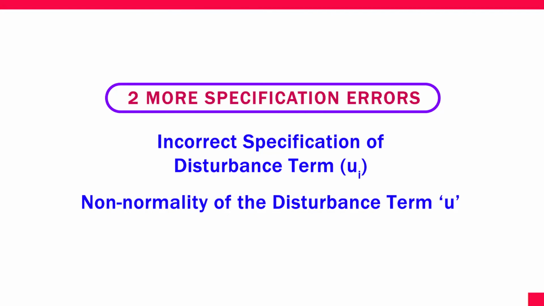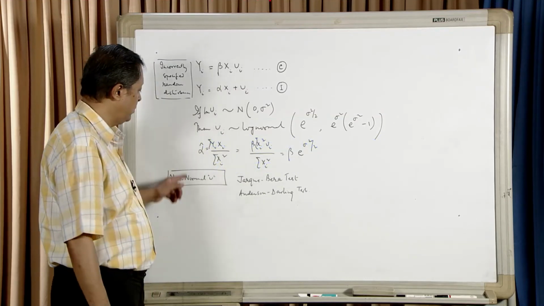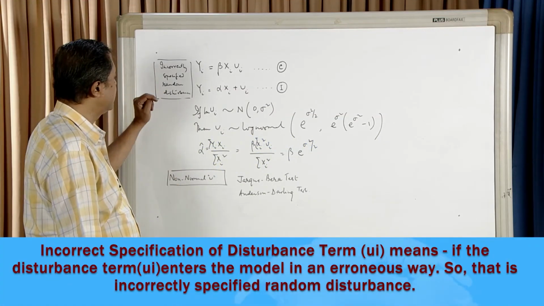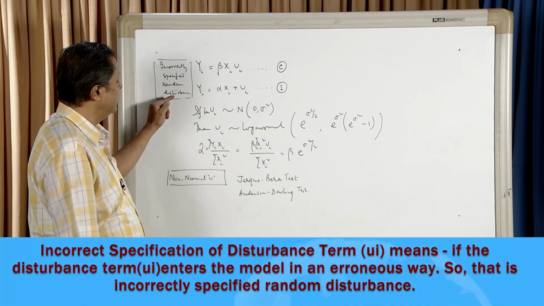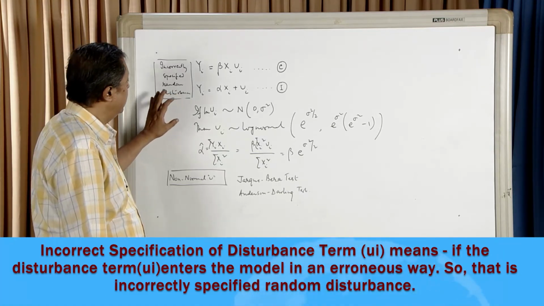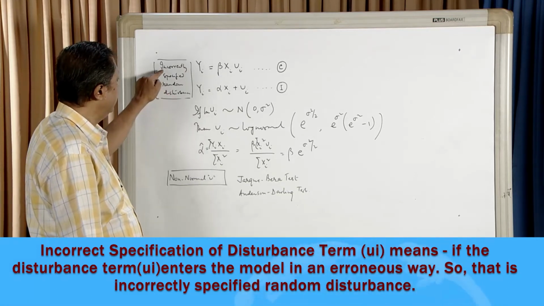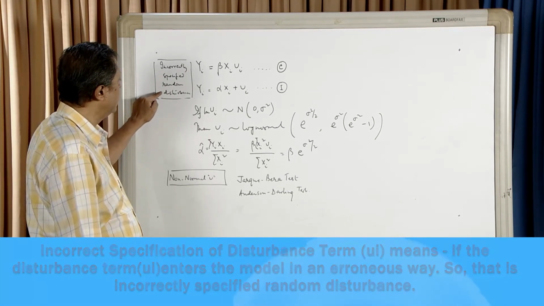Viewers, we are now in the last lap of this module, and we will take a look at two more types. One is, if the disturbance term enters the model in an erroneous way. So, that is incorrectly specified random disturbance.